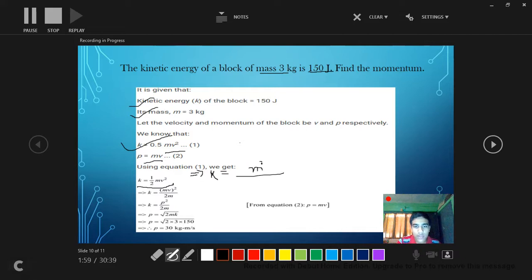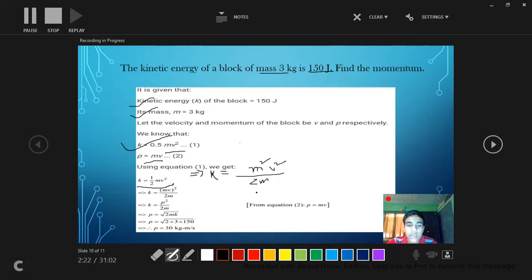M square V square by 2m. 2m by half. So here 2 will get down and 1 into anything is simply that number. So 2m. So why is V square there? Why have I written M square?